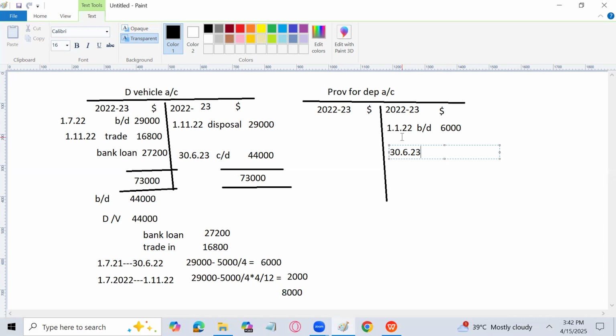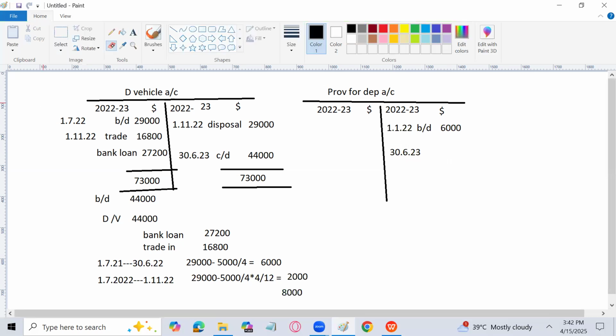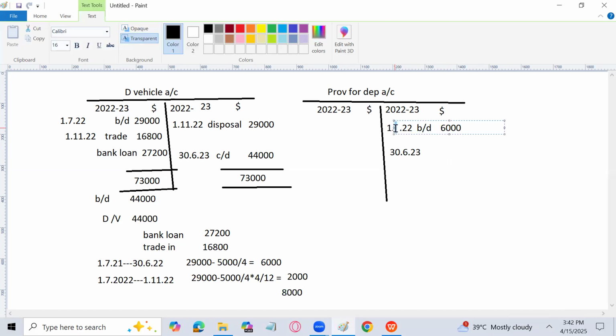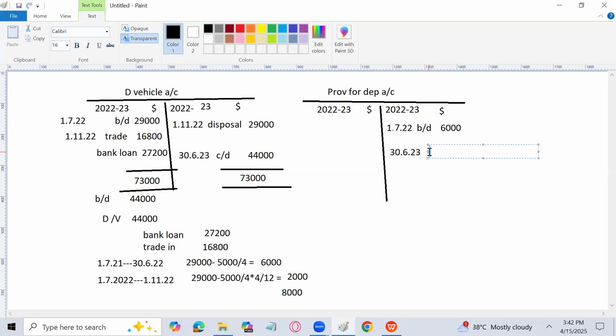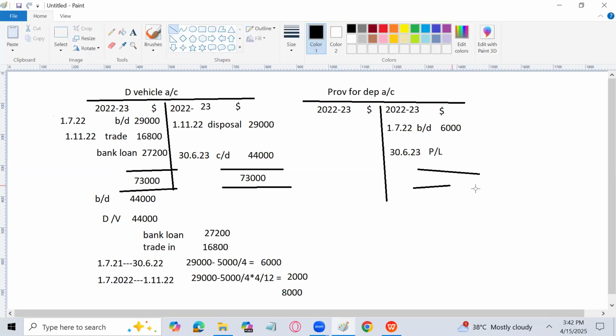That's wrong, 1/7, because our financial year starts from 1/7 rather than 1st January. So there comes profit and loss account debit, and provision for depreciation is going to be credited with the amount of current year depreciation or charge for the year, which we don't know.